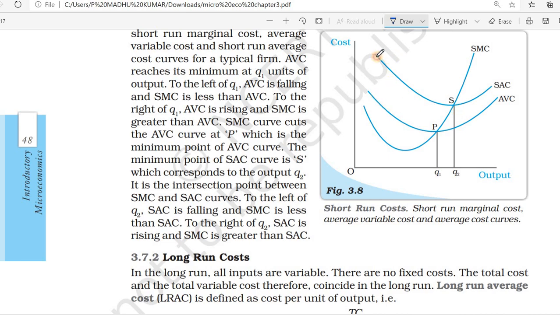Here you know it is decreasing. After this point, SAC is increasing. Same like that, AVC also, after point P it starts to increase. This is the shape of the SMC, SAC and AVC curves.